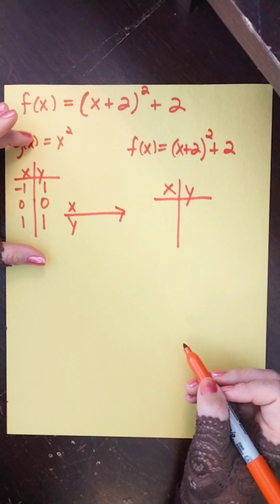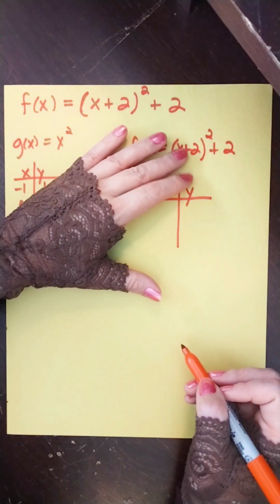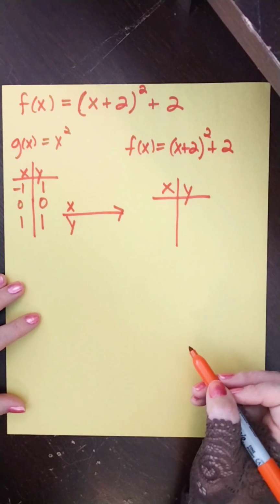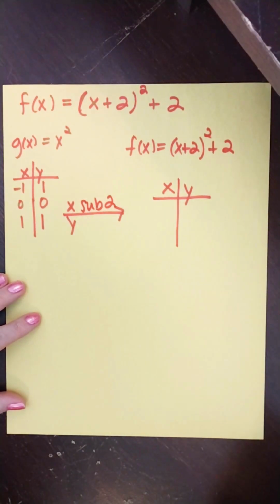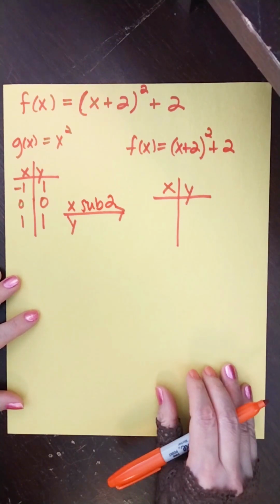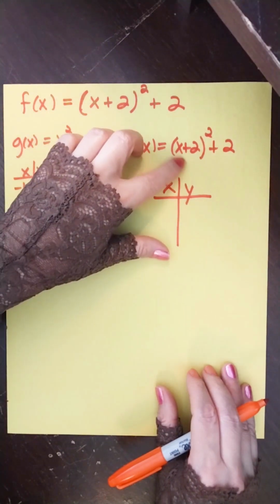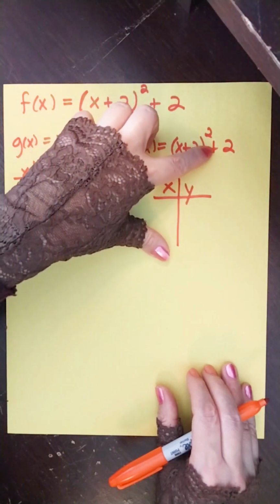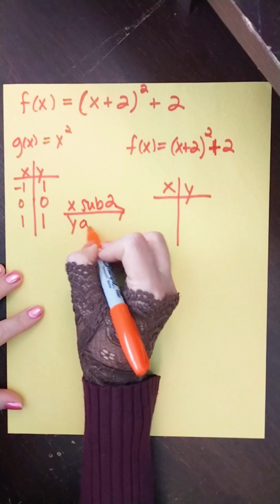So from this x value to this x value, the difference is that we added 2, but we actually do the opposite, the reverse operation. We're going to subtract 2 from all our x values. And from this y value to this y value, we are actually adding 2 to it, right? That was the change.